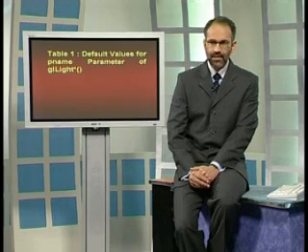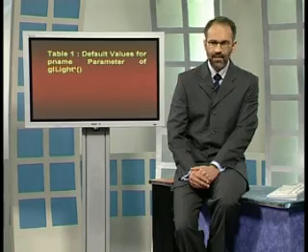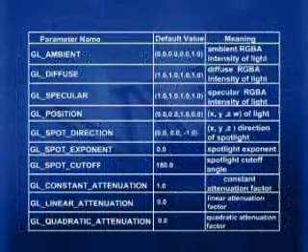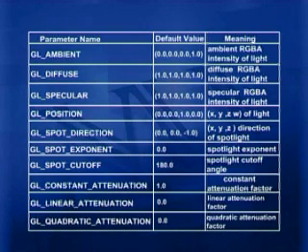The table that we are going to take a look at contains default values for the pname parameter of glLight. You can see this table. This contains the parameter name, its default value, and the meaning associated with it. Take a closer look at it and you'll be able to see that the parameter names include GL_AMBIENT, GL_DIFFUSE, GL_SPECULAR. They are of the same nature, same kind.